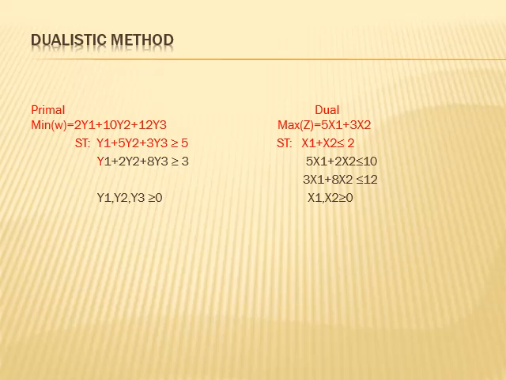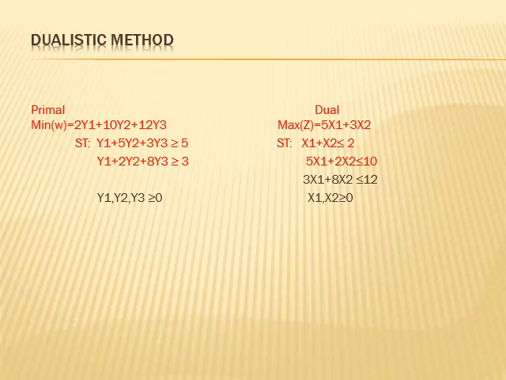Let's step forward. How to design the constraints of the dual. The number of constraints in the dual equals the number of variables in the primal.